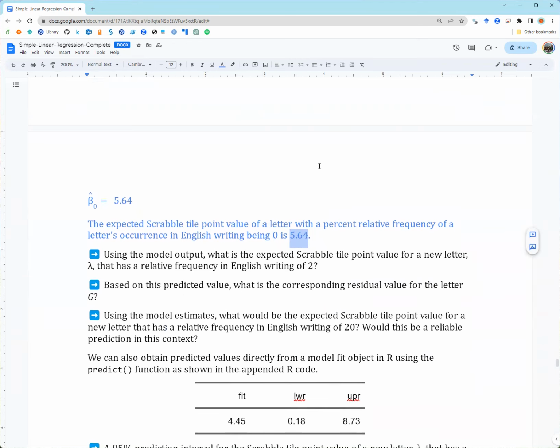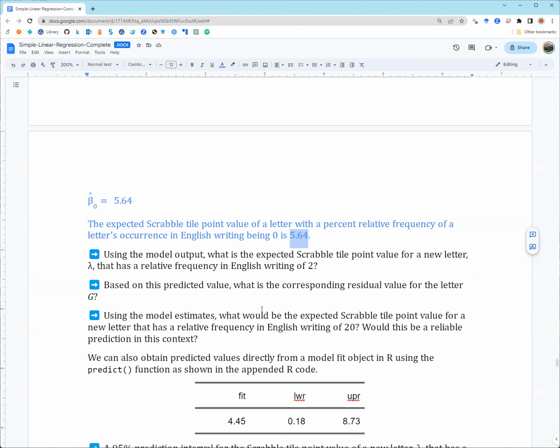So note that Scrabble tiles only come in whole numbers for the point values. So it may be tempting to say, oh, we should make this 6. You could, but it's sensible to get decimal numbers as predicted values from a linear model.